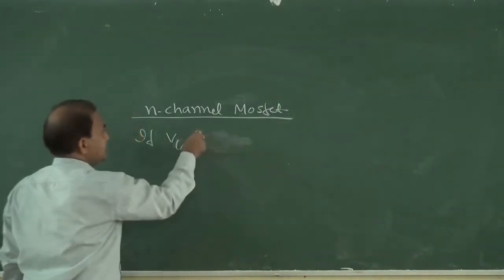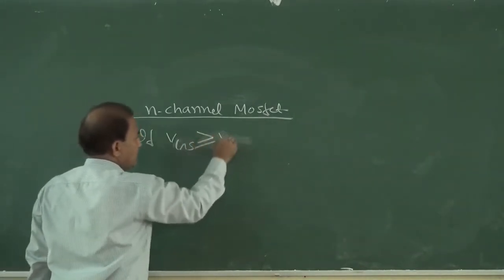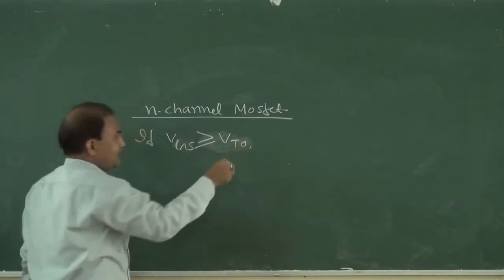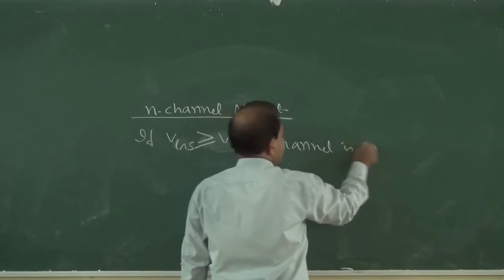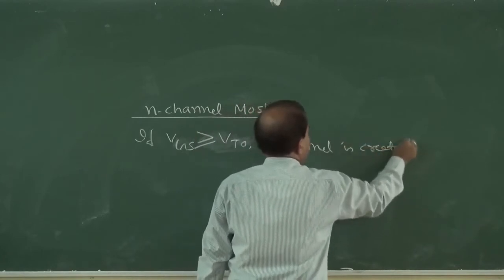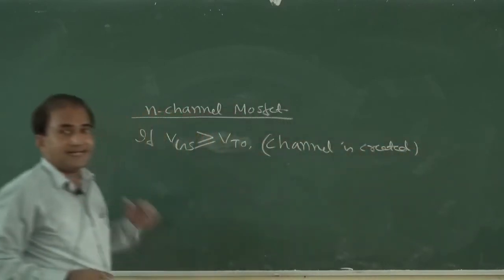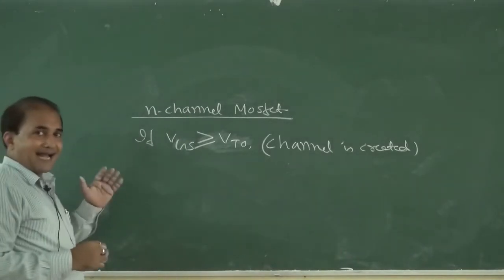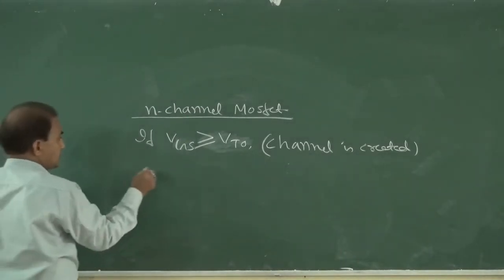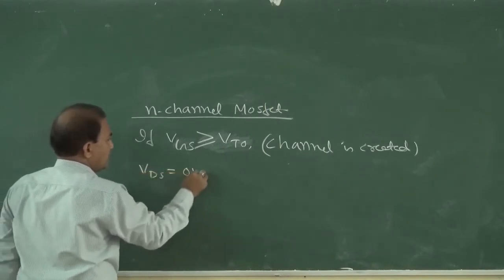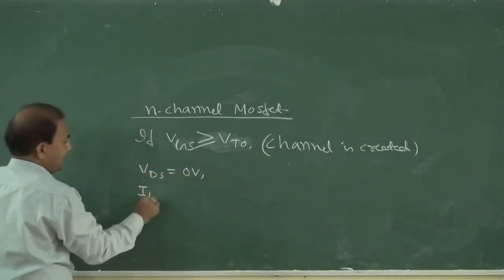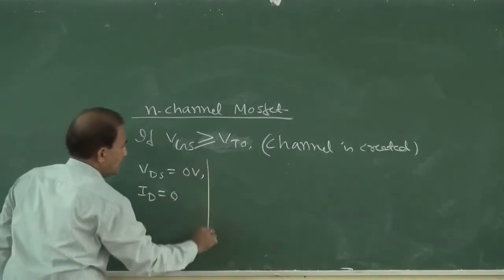Again, if VGS is greater than or equal to VT naught, then channel is created. Okay. So after creation of channel, then only ID current can flow. So now if VDS is equal to 0 volt, then ID is equal to 0.